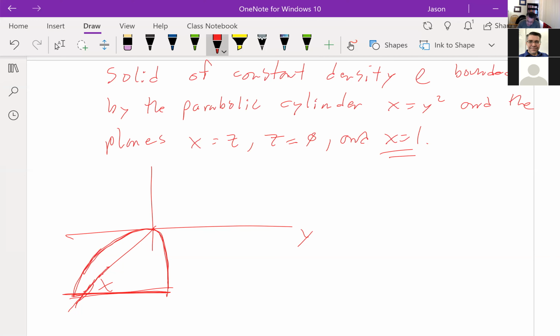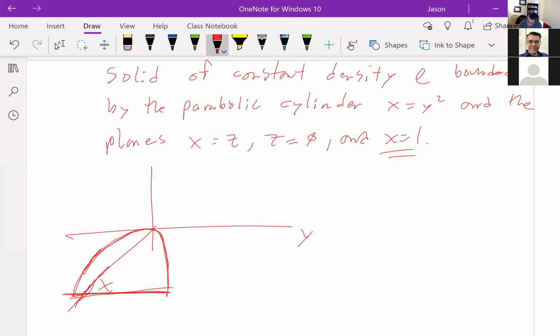Well, where is the plane x equals z? If x is 1, then z is 1. When x is 1, z is 1.